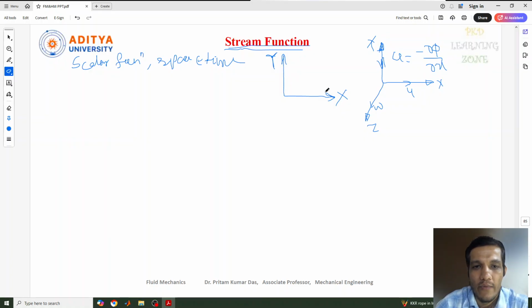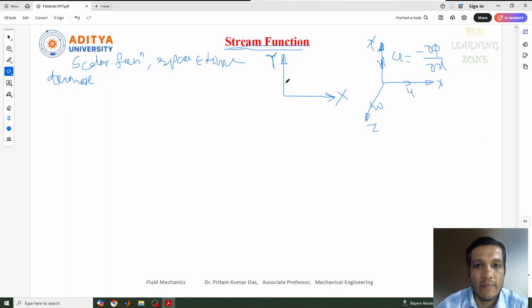So the definition: the stream function is a scalar function of space and time, such that the partial derivative with respect to any direction, either x or y, gives the velocity component at right angles to the direction.